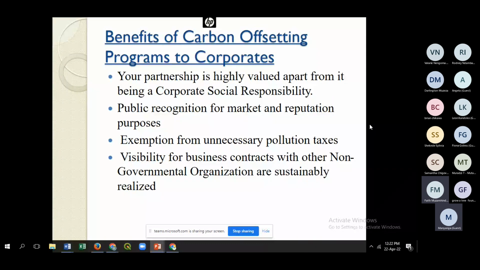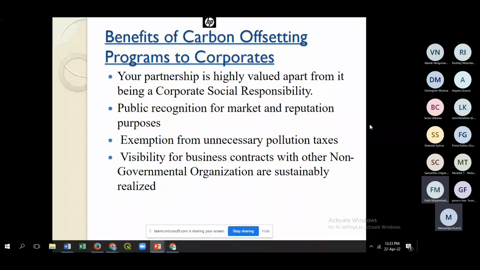There's ease of reference to say this is the work we are doing to offset our carbon footprint. Hence, there's need for that recognition internationally. And of course, there's exemption from unnecessary pollution taxes, especially once you leave the borders of Zimbabwe, and visibility of your business and contracts with other NGOs that will be sustainably realized.